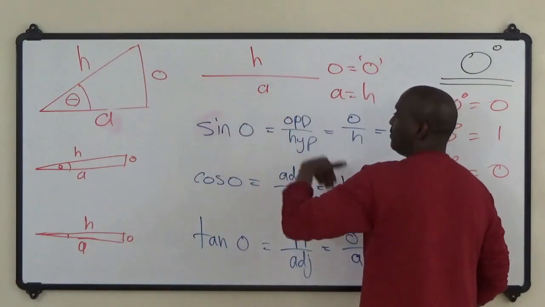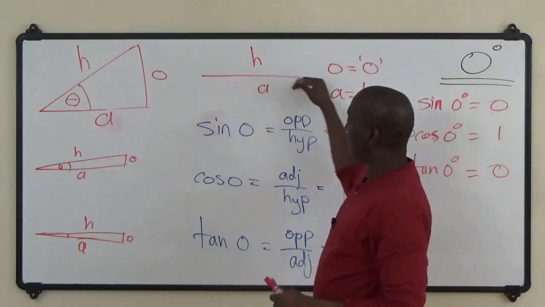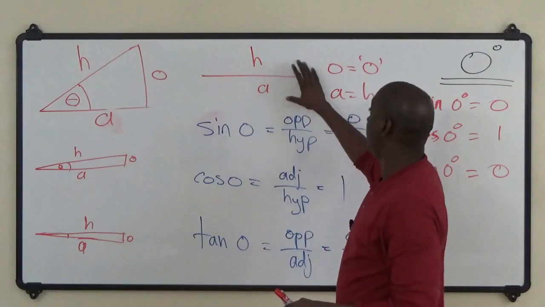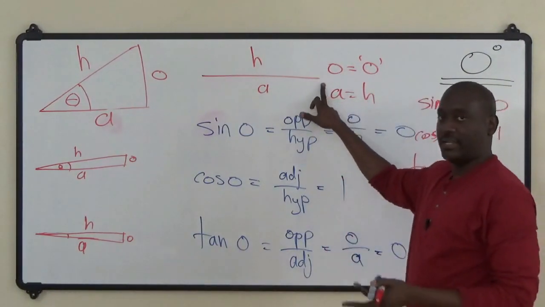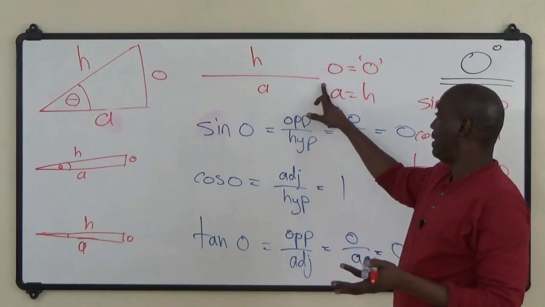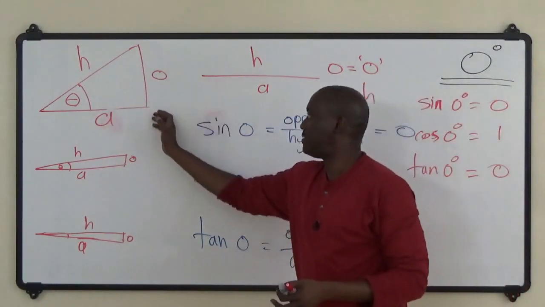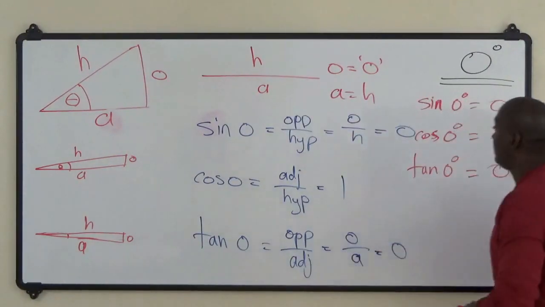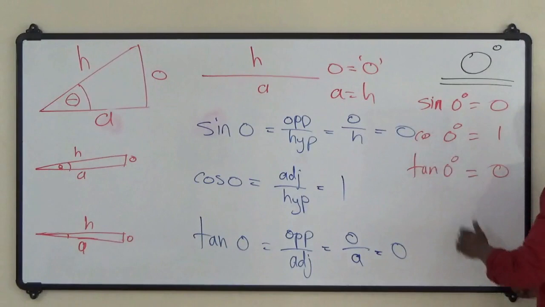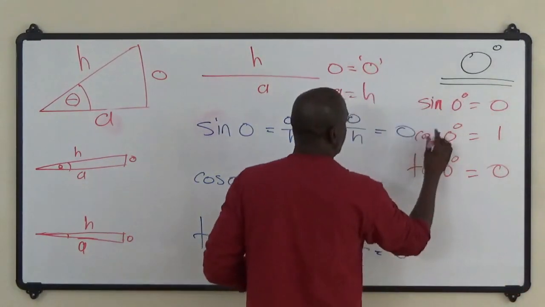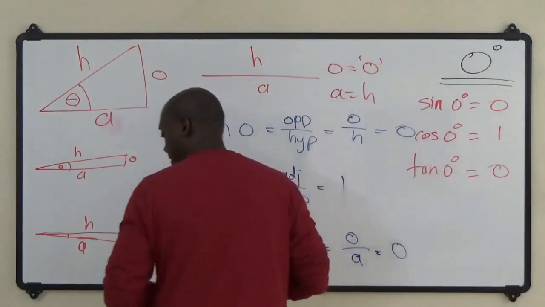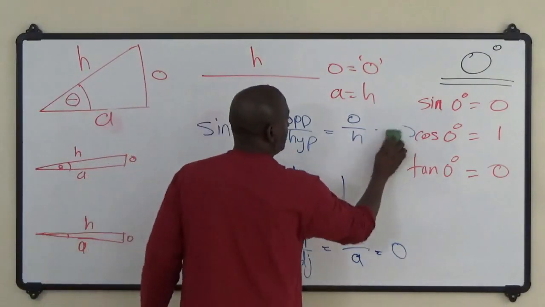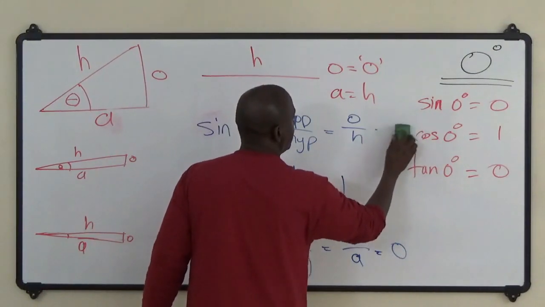When theta is equal to 0, you will effectively have a straight line where the adjacent and the hypotenuse converge into one. It means that you'll have no opposite side. The opposite side will converge to 0. And if you apply the regular trigonometric ratios to this particular situation, this is the result that you would get. All right? So we can now have this down as 3 results that we need to be aware of. The sine of 0 is 0, the cosine of 0 is 1, and the tangent of 0 is 0.